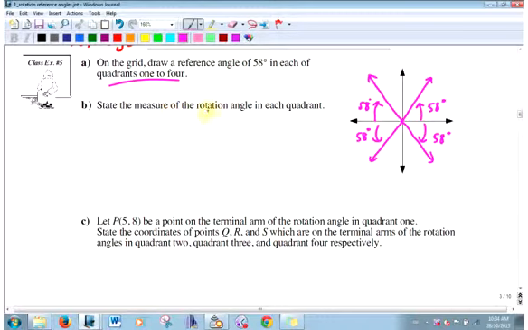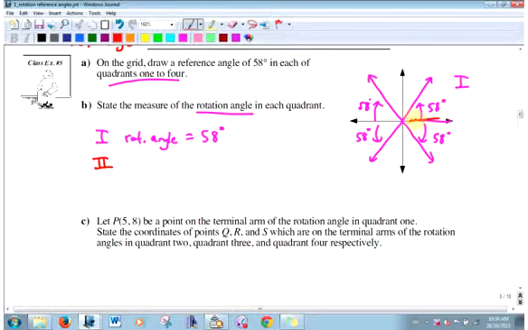B, state the measure of the rotation angle. So, quadrant 1, that's the easy one. What's the rotation angle? How do I get from here to there? That's just 58 degrees. Quadrant 2, got a little thinking to do.